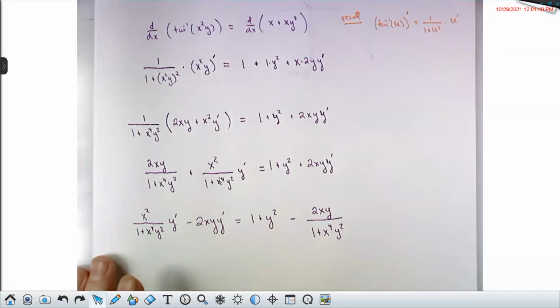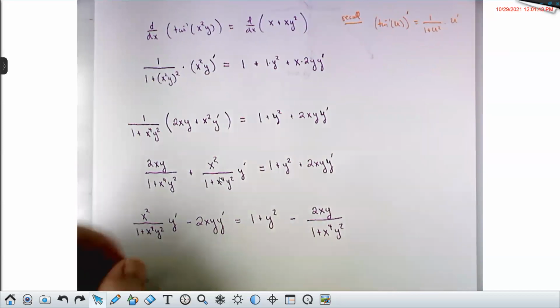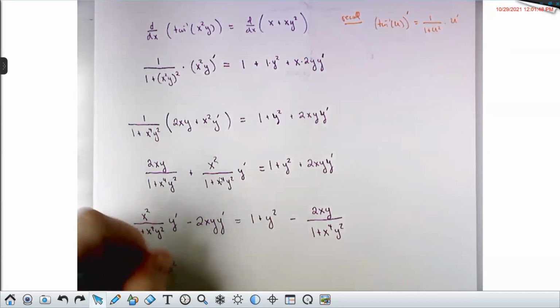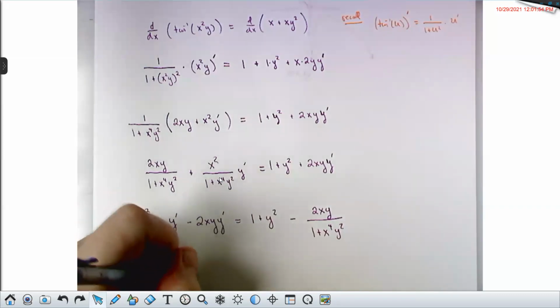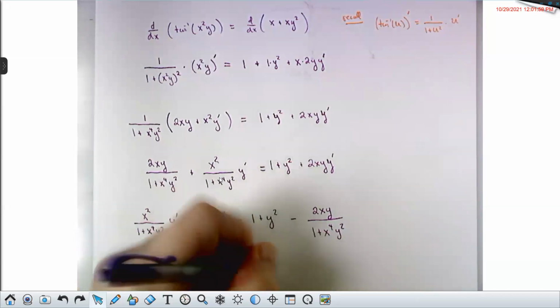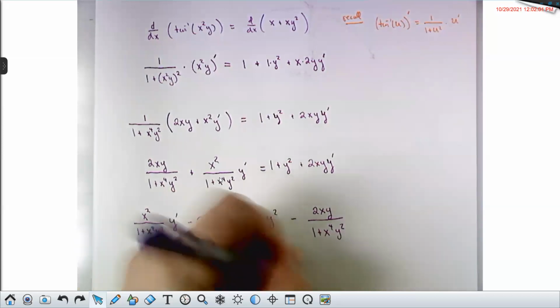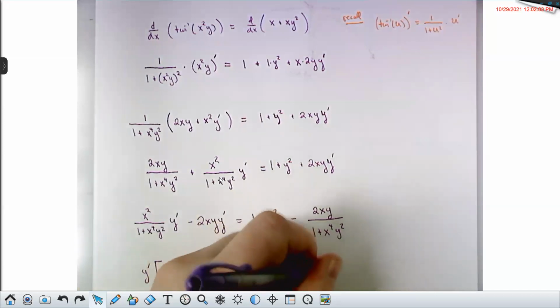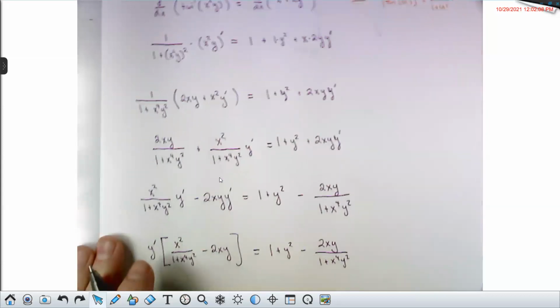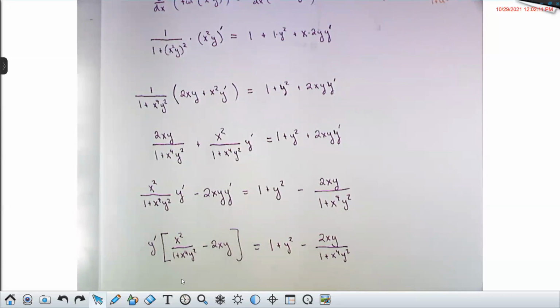And now on the left-hand side, I can factor out y prime. And what's left is x squared over 1 plus x to the 4 y squared, minus 2xy, equals 1 plus y squared minus 2xy over 1 plus x to the 4 y squared. And to finish things up, I need to divide both sides by the bracketed term. So this is going to be a pretty nasty looking expression.